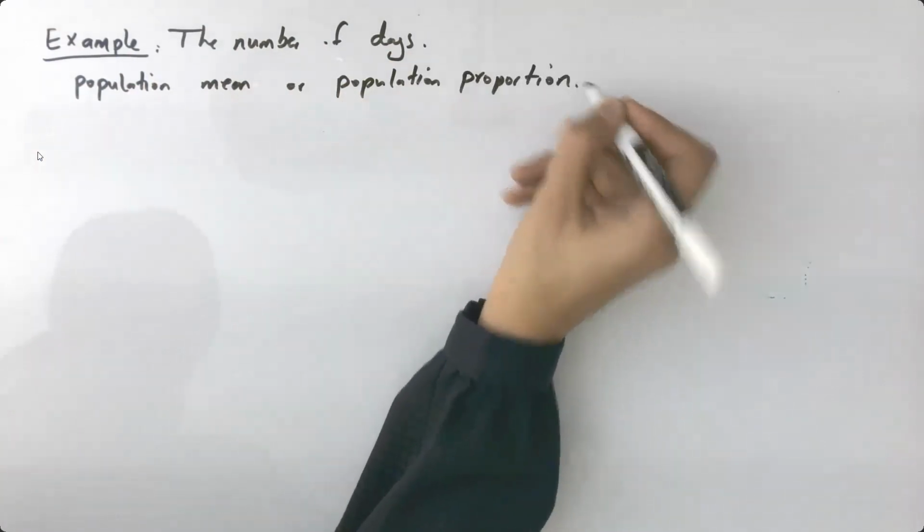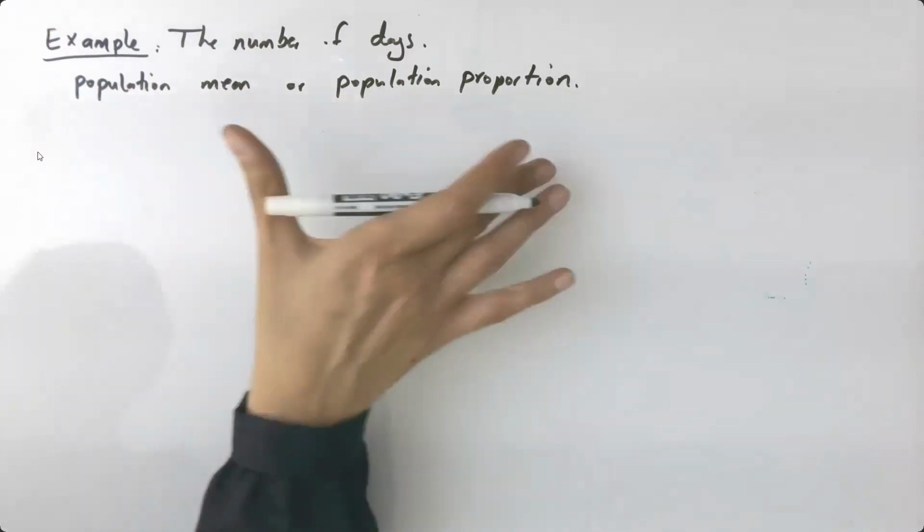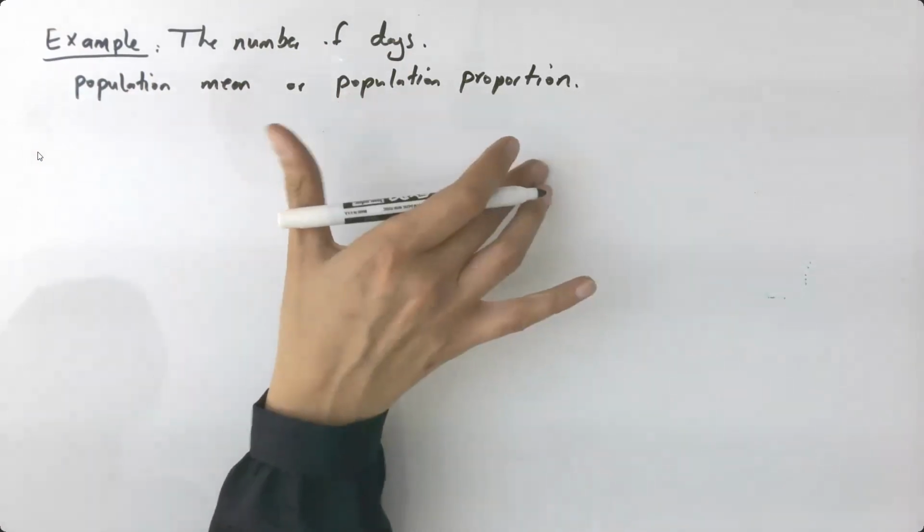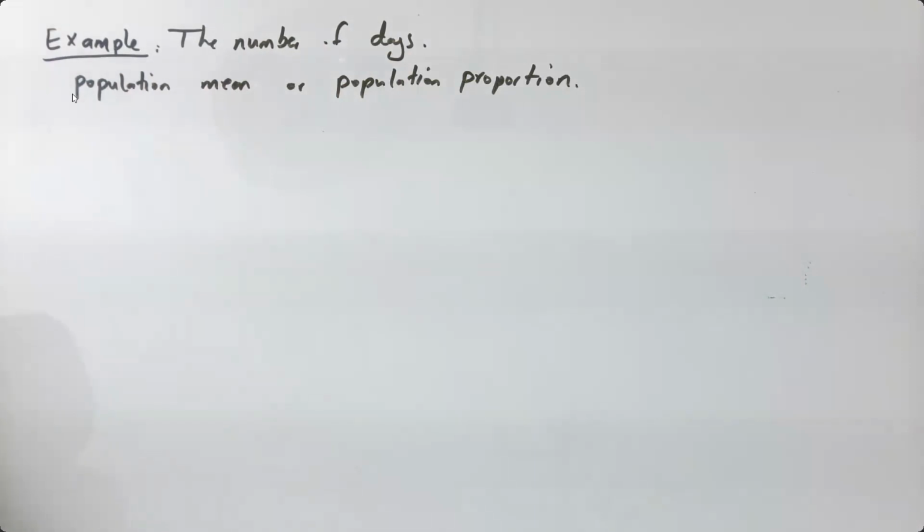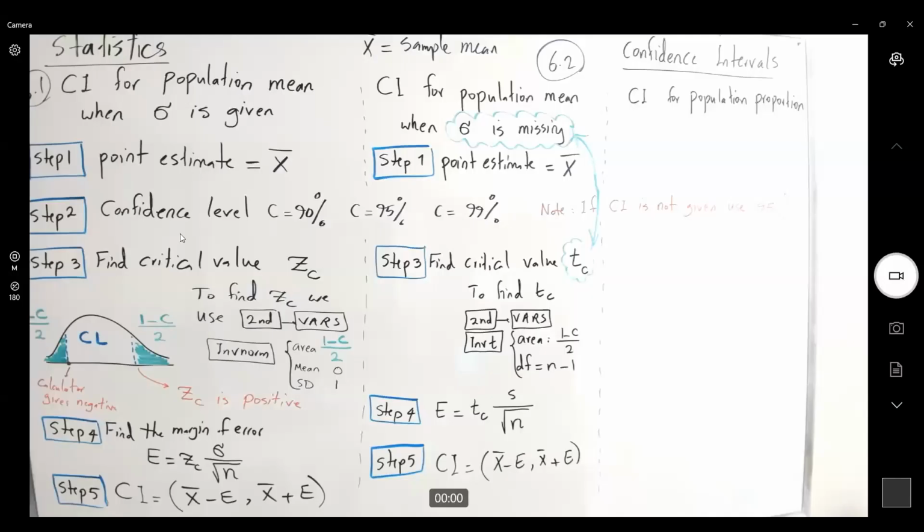So you need to identify the population parameter that you're dealing with. Remember that. If you look at your columns, you have different columns. Column for population mean is discussed in 6.1 and 6.2. 6.1, population mean, 6.2, population mean, but the scenario is sigma is missing.